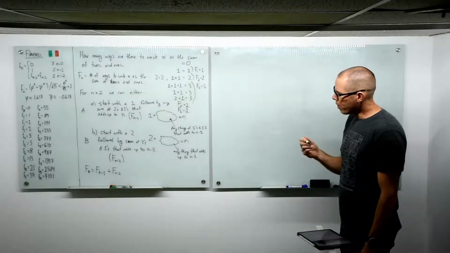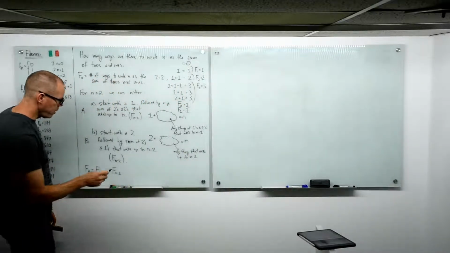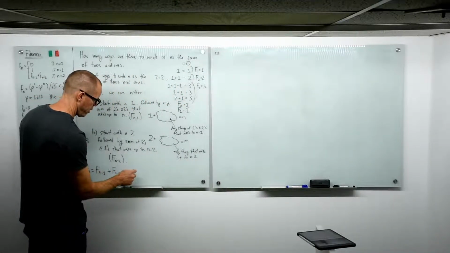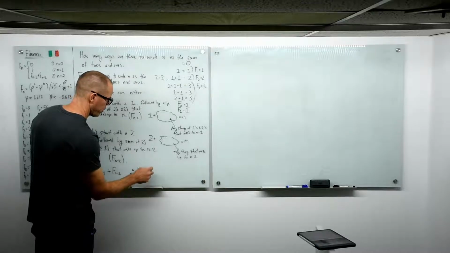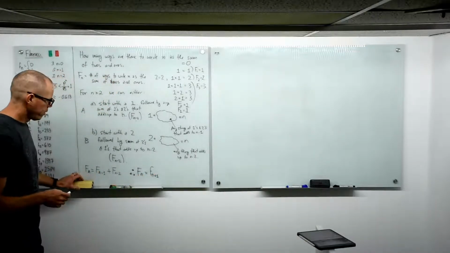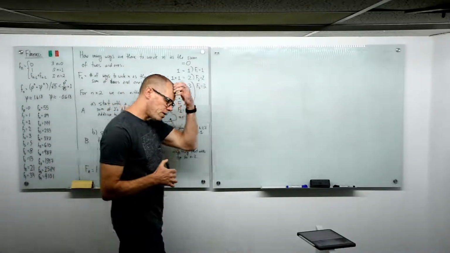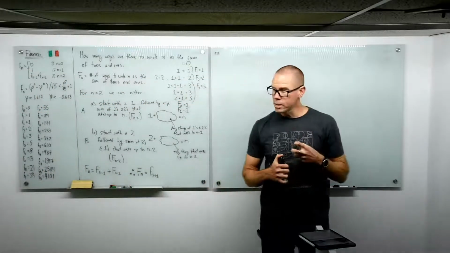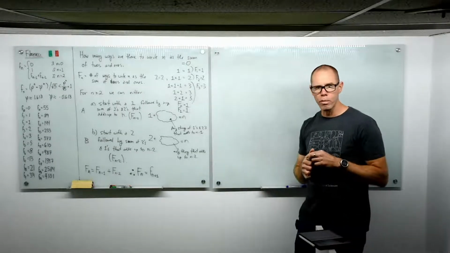So they're off by 1, but still that just means that f of n in general is equal to little f, the Fibonacci number, n plus 1. So the number of ways to write n as a sum of 1s and 2s is the n plus 1th Fibonacci number.